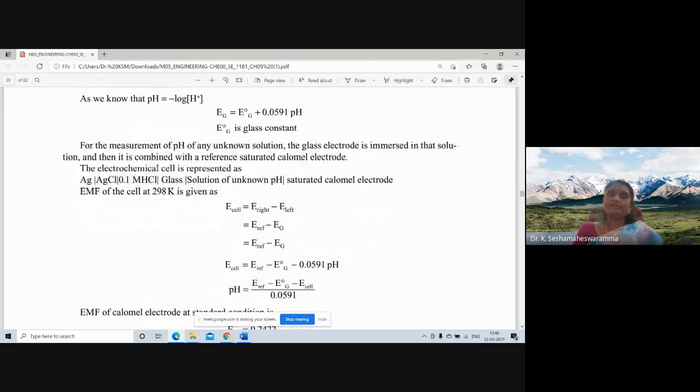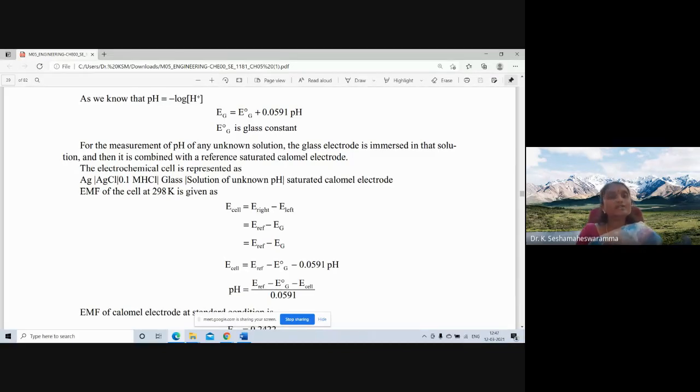For the measurement of pH of any unknown solution, the glass electrode is immersed in that solution and then combined with a reference saturated calomel electrode. We take the calomel electrode as the reference electrode, since we know its potential exactly.